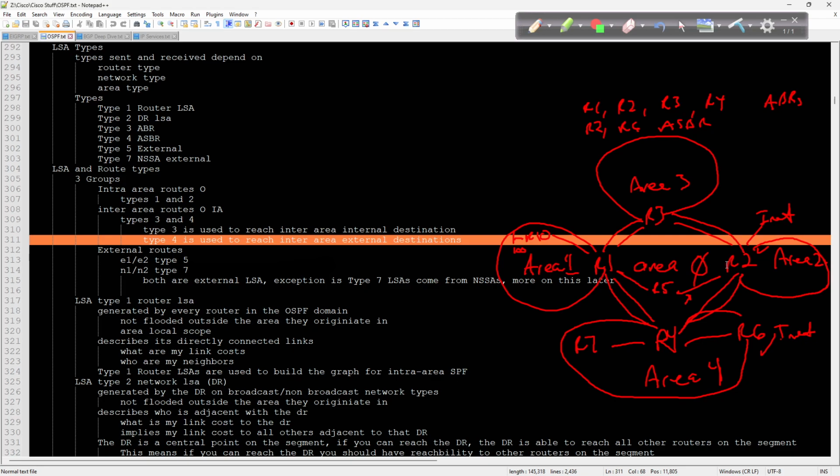But the type 4 LSA will only exist for R1, area 1, R3, area 3, and R4, area 4. Inside of area 0, I'll see just type 5. If I'm inside of area 0, I see just a type 5 LSA because I'm already in area 0. R2 has a link inside of area 0, so therefore he's a backbone router. Because he's a backbone router, I will find a type 5 LSA to reach the internet.